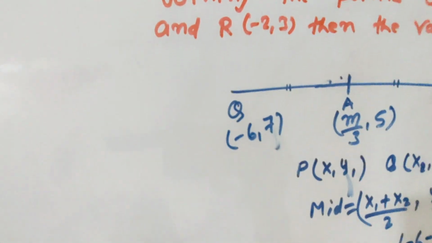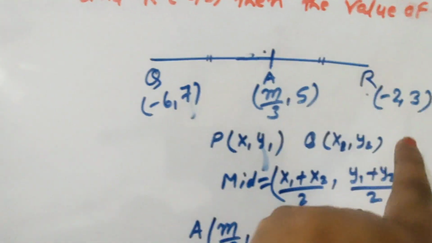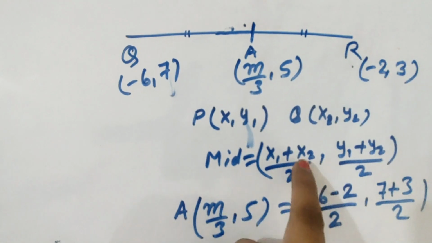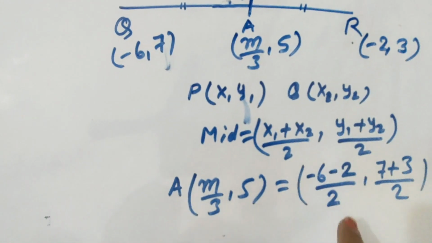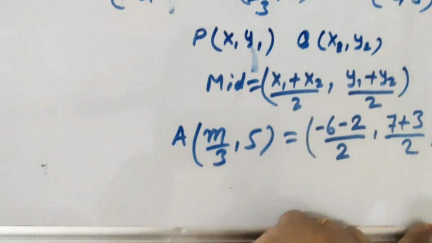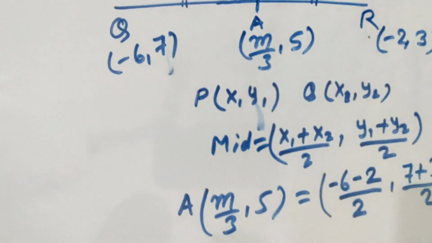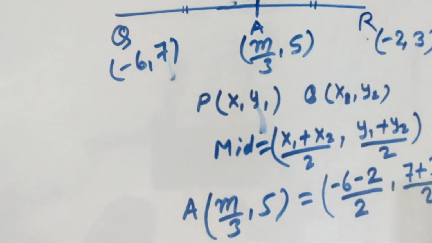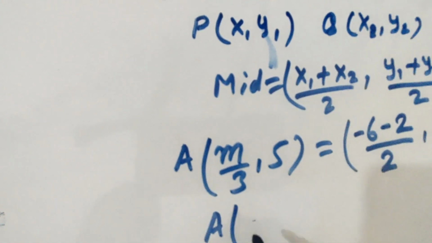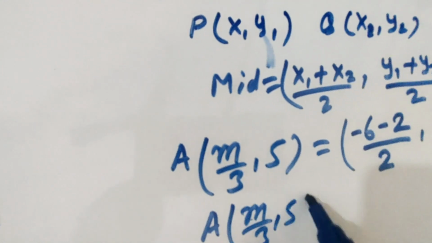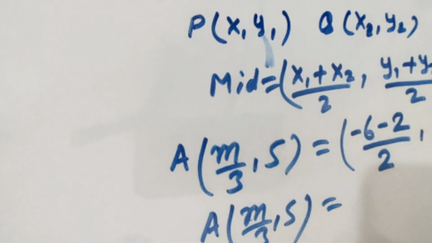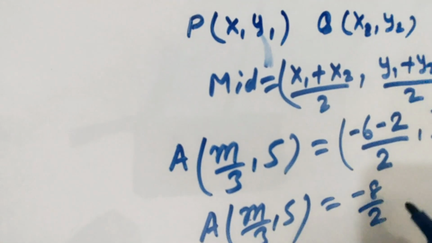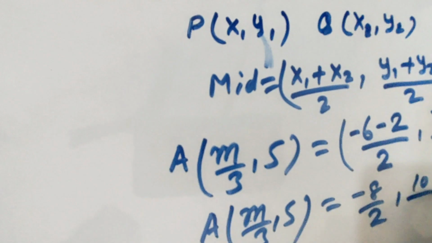Here this is x1, this is y1, this is x2 and this is y2. So the midpoint is (-6 - 2)/2 and (7 + 3)/2. A(m/3, 5) equals (-8/2, 10/2).